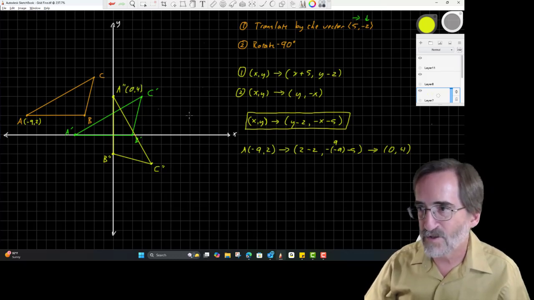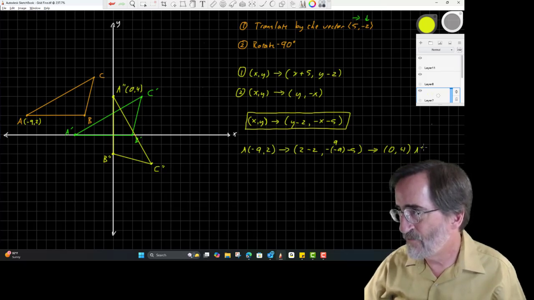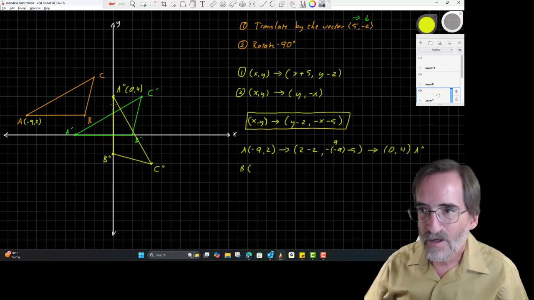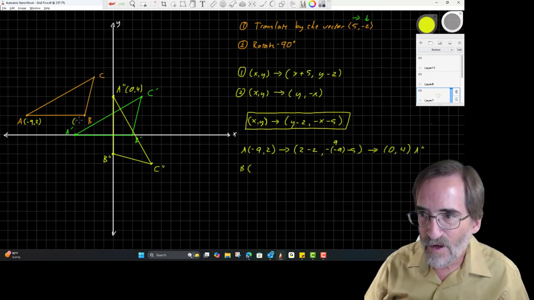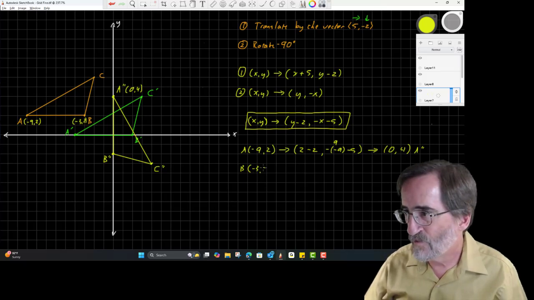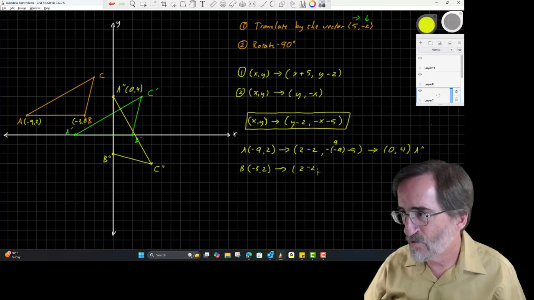And that matches the graph, A double prime. Okay, V, let's check this out here. V is at negative 3, 2. So apply the transformation rule. y minus 2, so 2 minus 2.